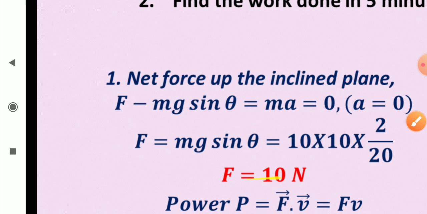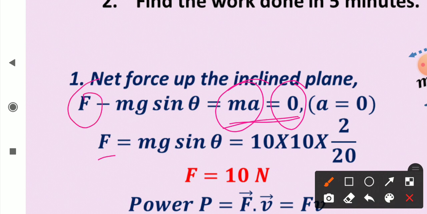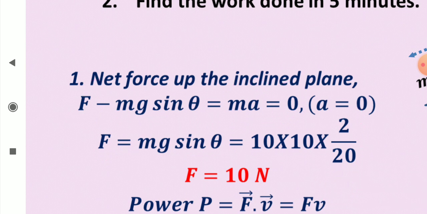So the net upward force is F minus mg sine theta, and this force should be equal to ma. Now a is acceleration, and since velocity v is constant, acceleration a is 0, so this becomes 0. That means F is equal to mg sine theta. Now we can find this mg sine theta. Mass is 10 kilogram, g is given to be 10, and sine theta is 2 upon 20.